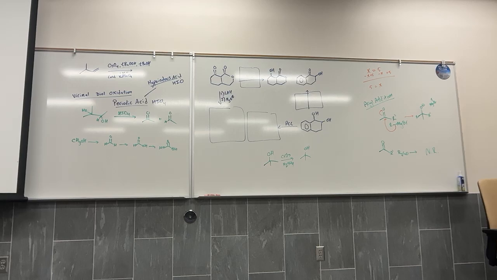Whatever that OR group is becomes another alcohol. Last week we did an example where we said, how could we use reduction to produce methanol? And we said that if the ester had a methyl group, then methanol gets kicked off as an alcohol. So whatever that ester linkage is, whatever that OR group is, becomes an alcohol.